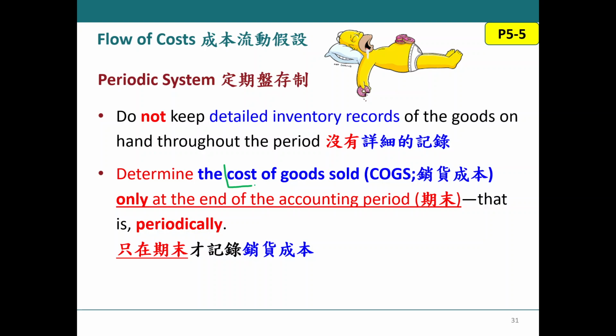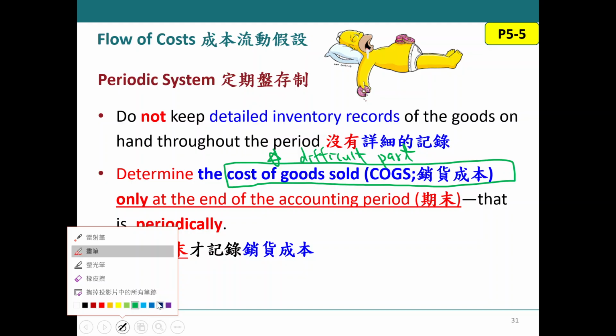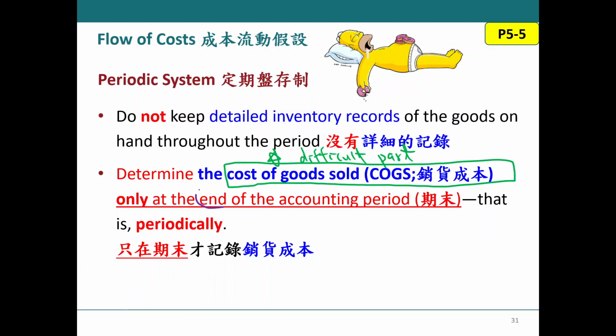So for the cost of goods sold, the difficult part, you do it on the last day, because you are forced to do it, okay?